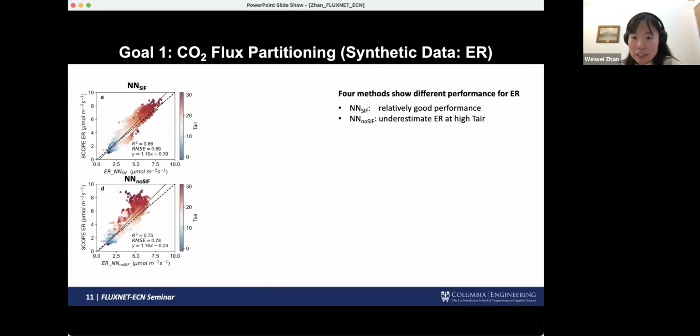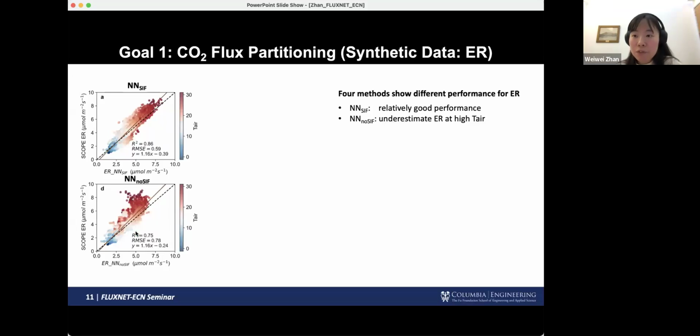But for ecosystem respiration, this is not the story. Here, the upper panel shows the comparison between SCOPE respiration and the respiration predicted by our model, and you can see there is an okay performance for our results.